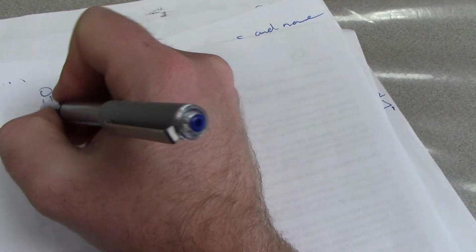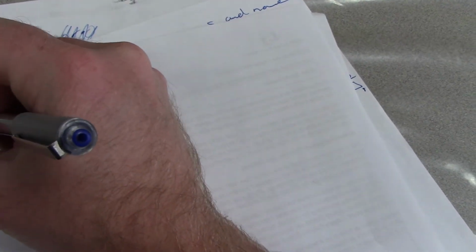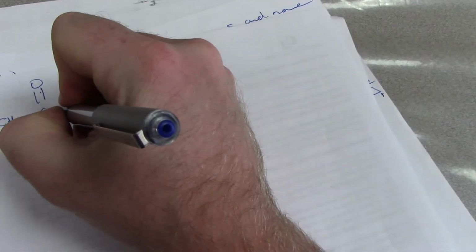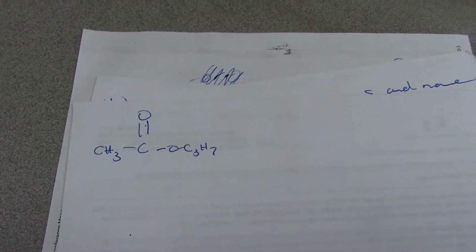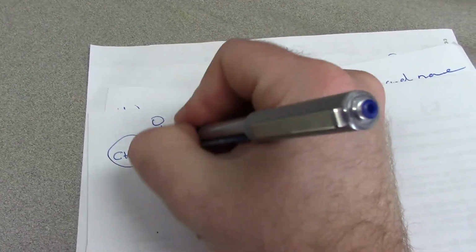Okay, let's say you're given this guy. Okay, so carboxylic acid side is 2 carbons, so that's ethanoic acid.